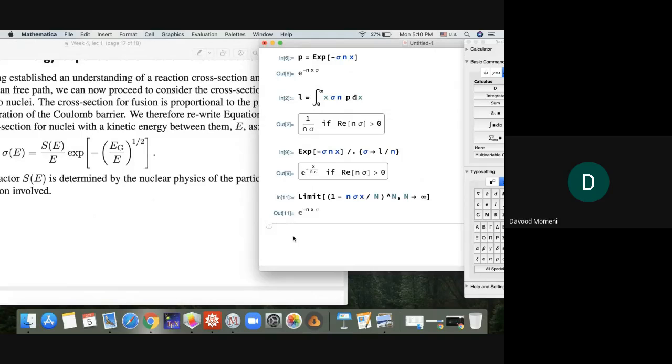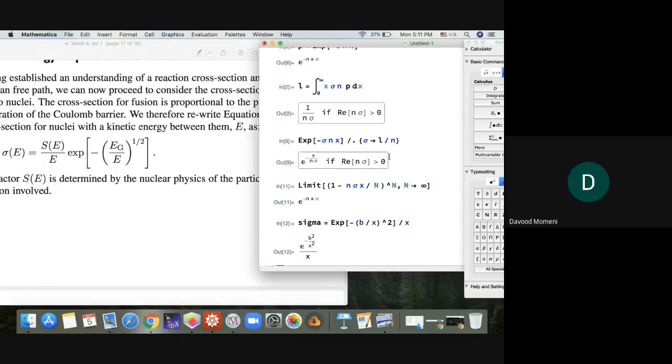So what I want to plot is sigma as a function of E. I take E as X, just to not be confused. And here you have the exponential of minus EG, which I take as B, for example, B x squared. All right, so this is my function.